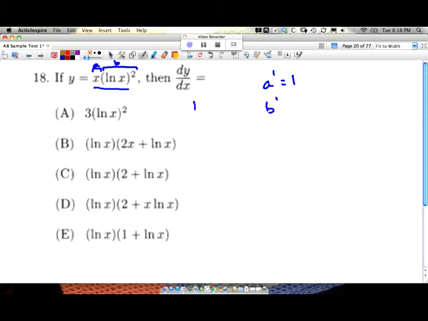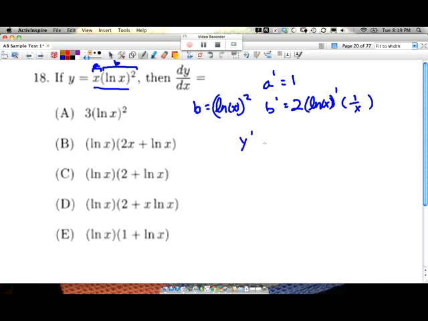What's b prime, though? If b equals natural log of x, but then squared on an outside layer, that's going to be a chain rule. So for b prime, we're going to have 2 times that inside to the first power times the derivative of the inside. The inside is natural log of x. What's the derivative of that? Well, the derivative of natural log of x is 1 over x.